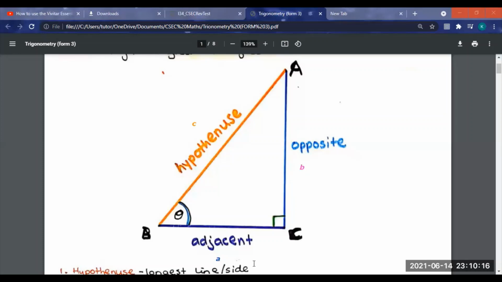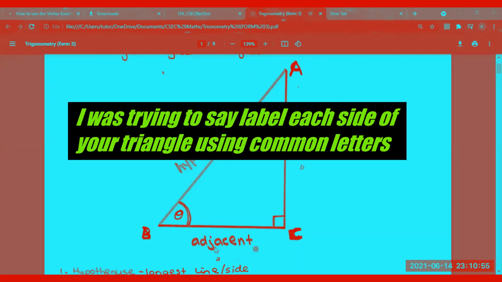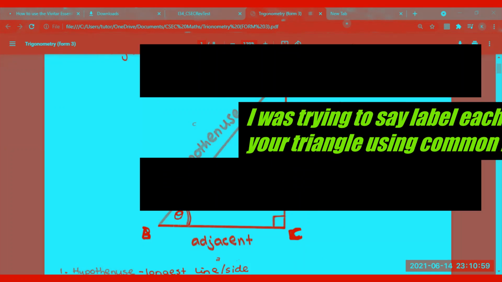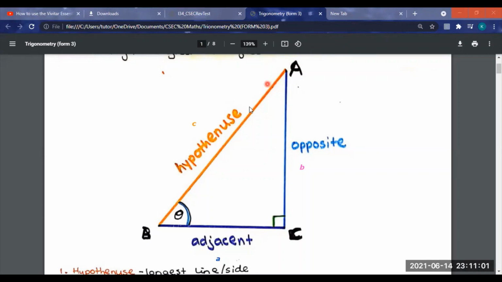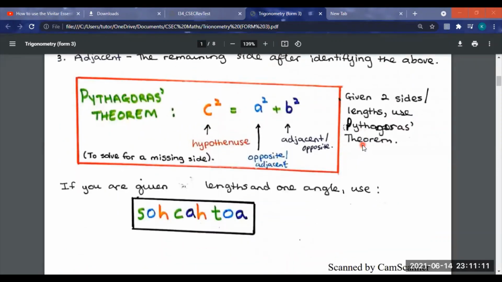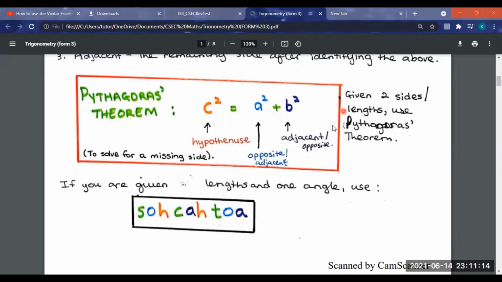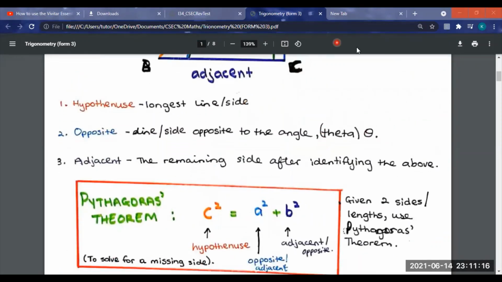So you label the sides with small letters. This is how you label the triangle and identify your right angle triangle. This side is always c, and the others are either a or b, depending on how your triangle is. That's all you need to remember for the triangle, along with your law for Pythagoras' theorem. Next we'll look at an example.